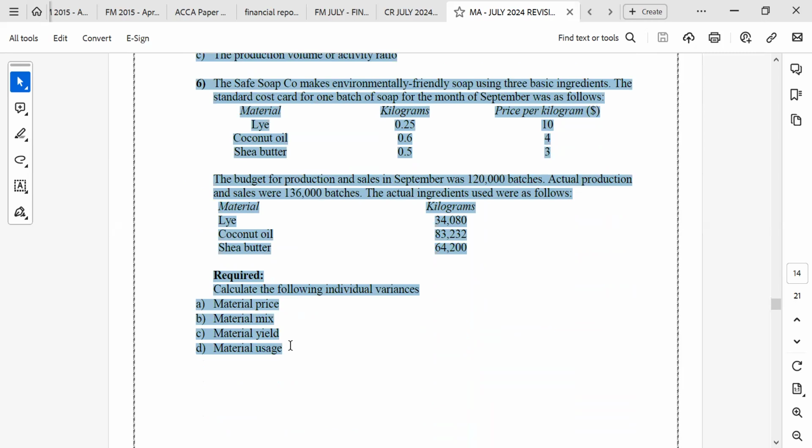You can also do the basic variances again and do the reconciliation statements. We don't have time to solve all those things, but at least we have been able to revise some of the things. Please, any question or any issue, we address that and call it a night.